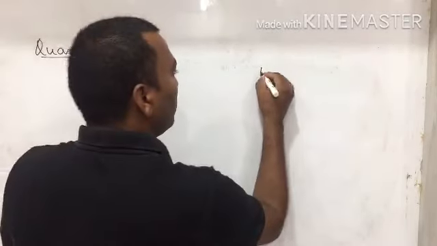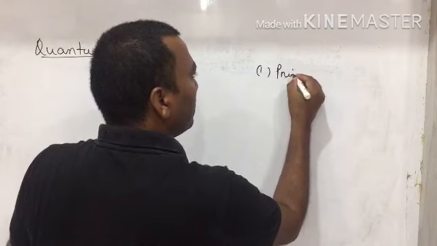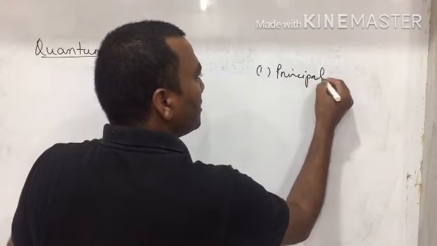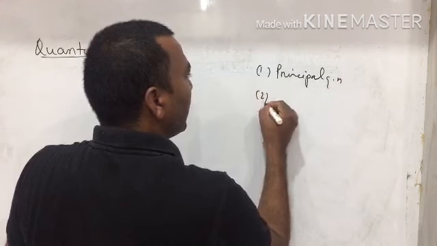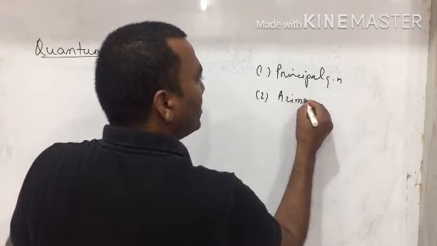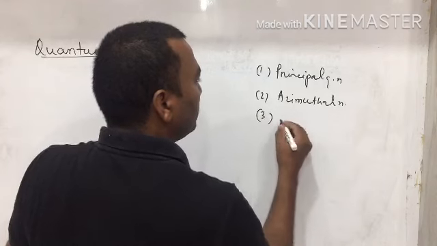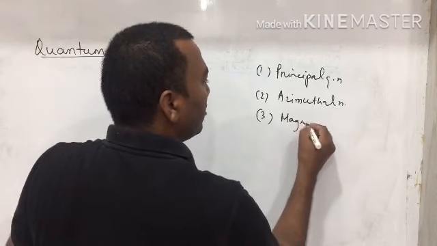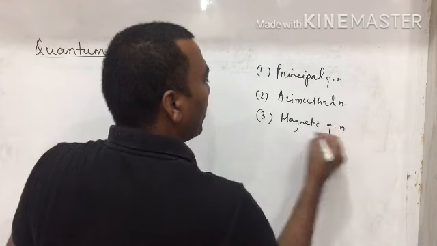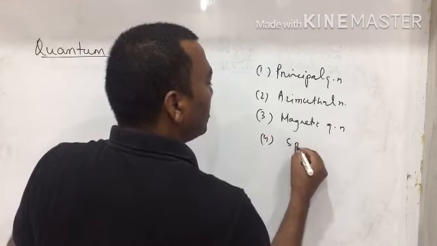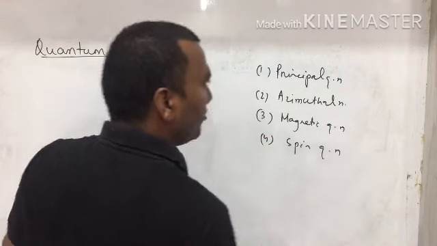The first is the principal quantum number. The second is the azimuthal quantum number. The third is the magnetic quantum number, and the fourth is the spin quantum number.